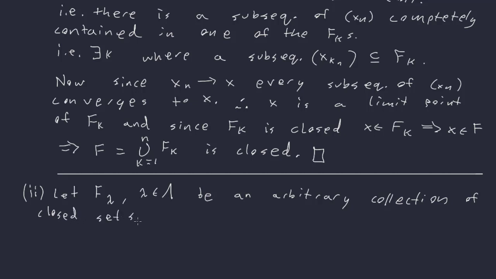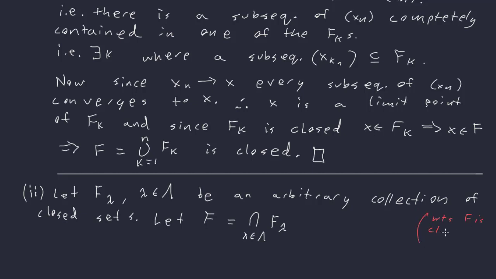Okay. Then let capital F all on its own be the arbitrary intersection of all the F lambdas. Now we want to show, once again, that F is closed.